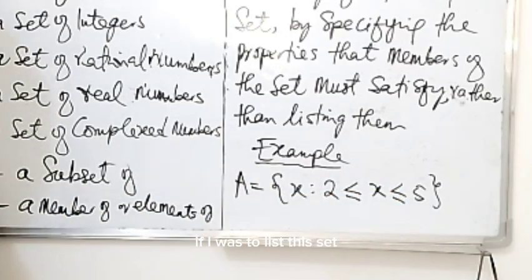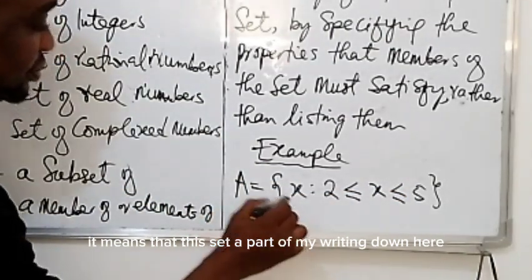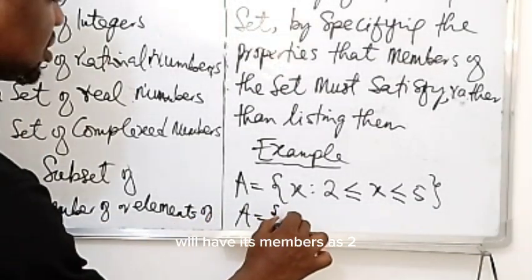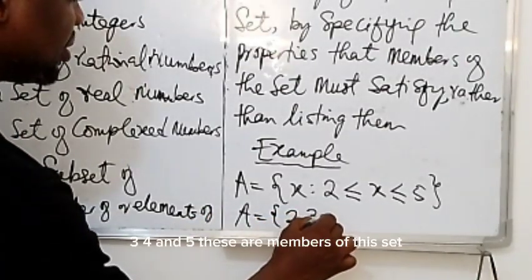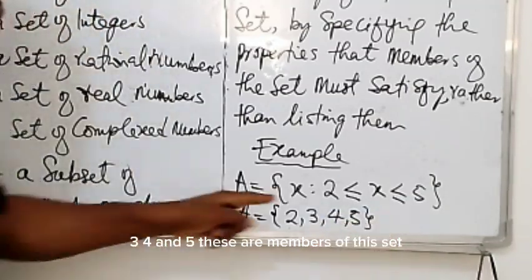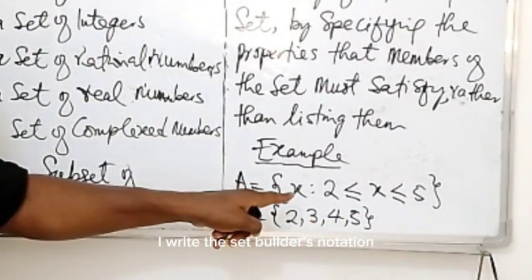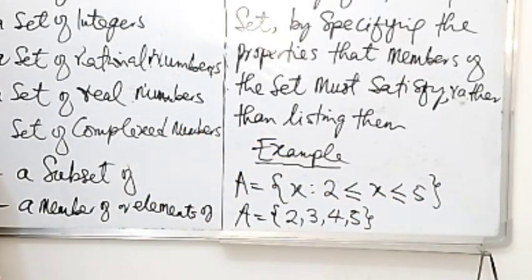If I was to list this set, its members would be 2, 3, 4, and 5. These are members of this set. So instead of listing, I write the set builder notation. It makes everything a whole lot easier.